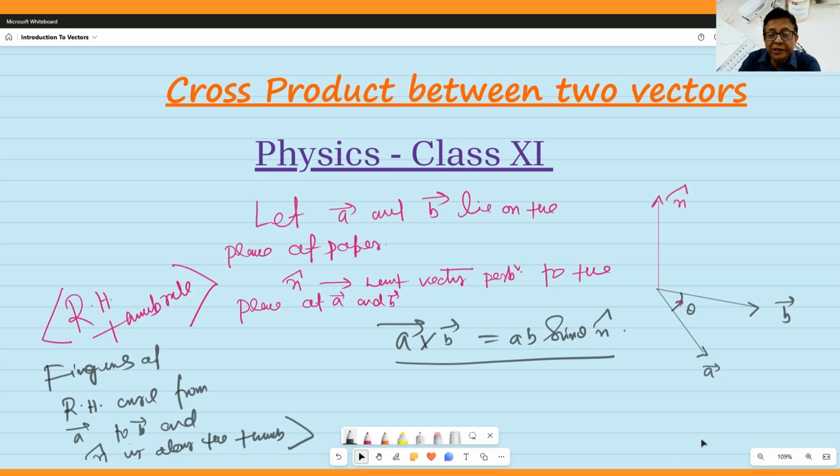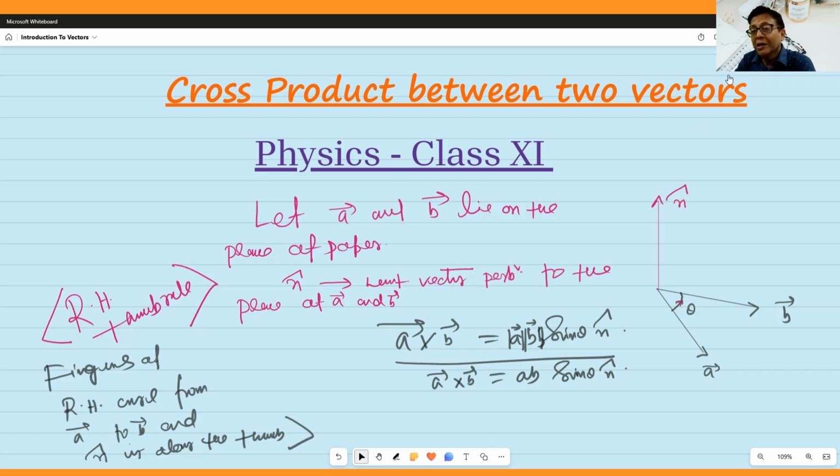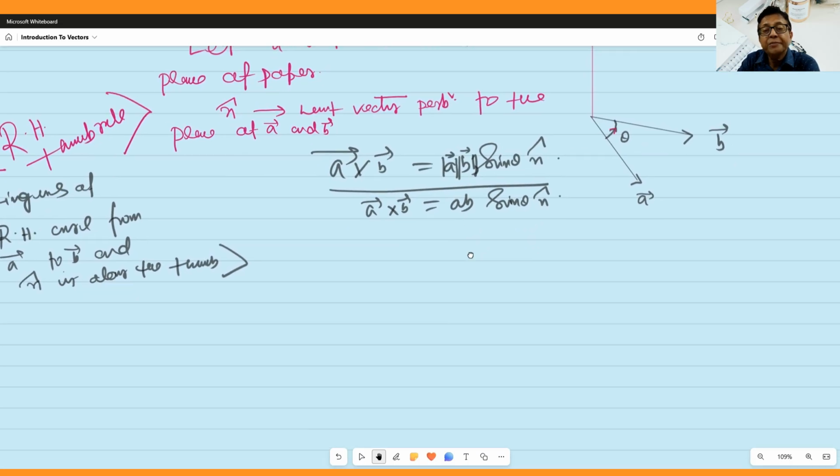A cross B, you can see in your book written mod A, mod B, sin theta n cap. Same thing. A vector without an arrow means its modulus. So if you write it as AB sin theta into n cap only, then it is perfectly alright. This is the definition of cross product, A to B.